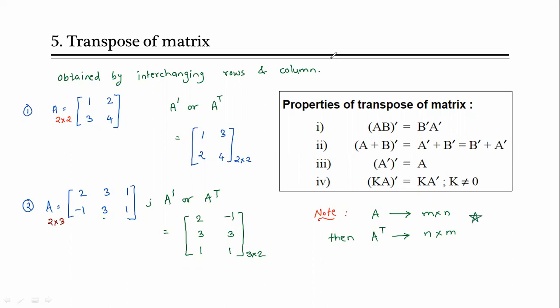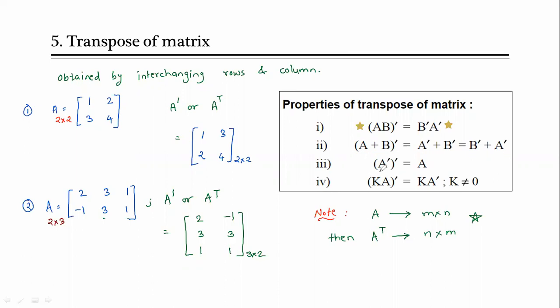Now, there are certain properties which you should know about the transpose of a matrix. So first is (AB) transpose is equal to B transpose into A transpose. This is important. Okay, next, (A plus B) transpose is equal to A transpose plus B transpose, or it is also equal to B transpose plus A transpose.